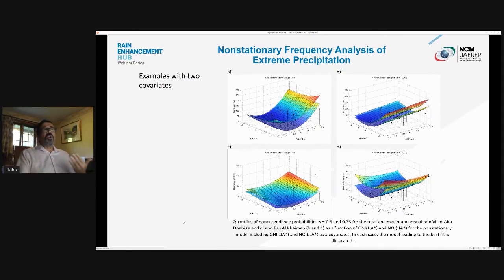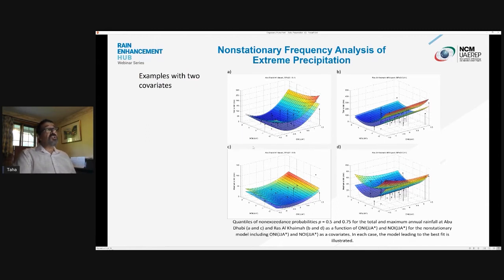Once we develop the correlation between the indices and precipitation, the total, the maxima, the number of rainy days, for each one of these variables, we can build these nonlinear predictive models that tell us, based on the link with these indices and their impact on the response for each station, and integrating also the trend signal that we're observing, here is how our total annual rainfall or our maximum rainfall evolve as a function of these indices and trend, so time.